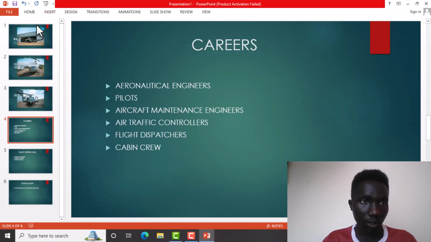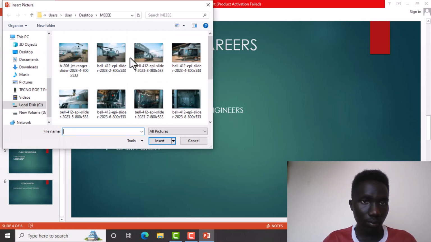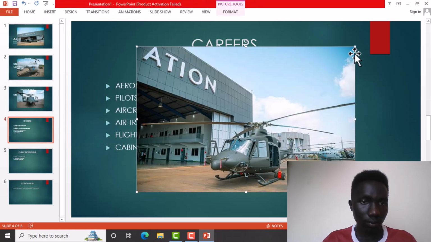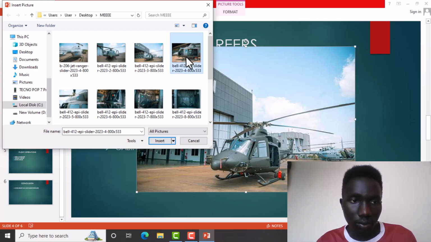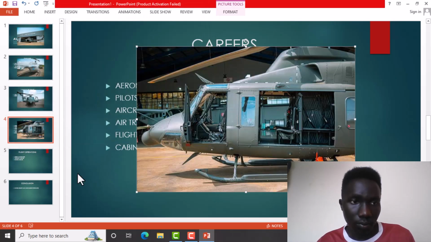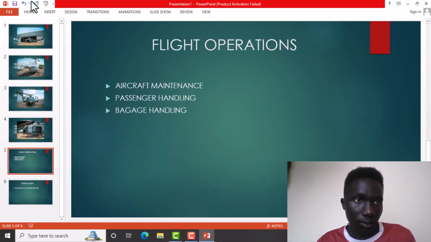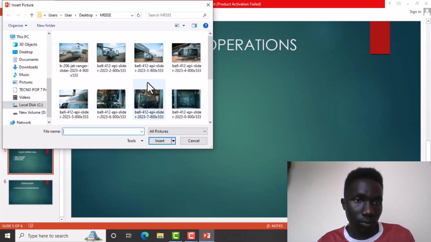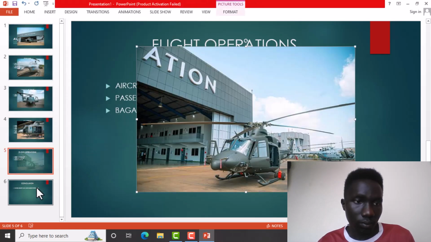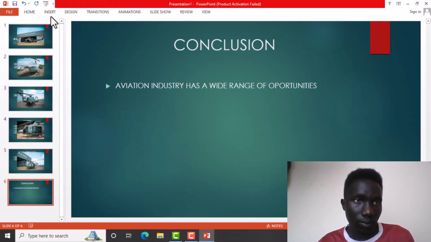Shall keep on inserting pictures. Yes, we can insert in all of them, so we can also insert there. And then our last one.